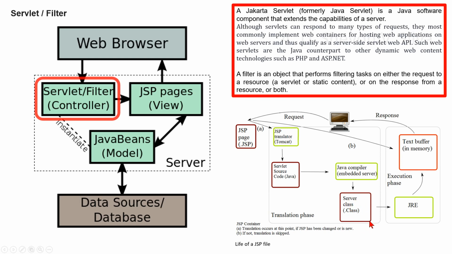The JSP translator, servlet source code, Java compiler, and server class are inside the translation phase, and the server class is connected to the JRE. The JRE is connected to the text buffer in memory. The JRE and text buffer are connected to the execution phase, and the text buffer is connected to the client. The response is passed from the text buffer to the client.